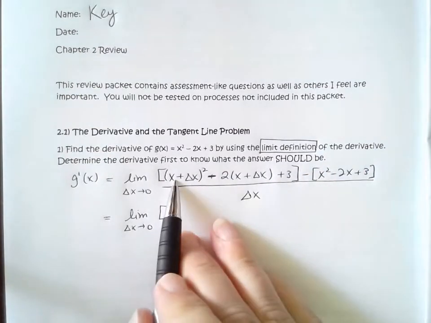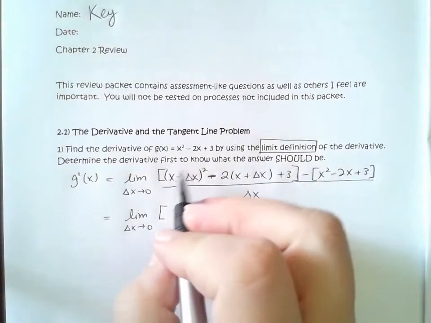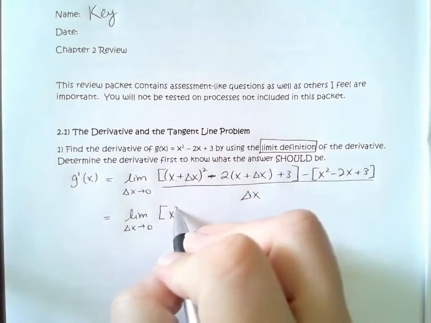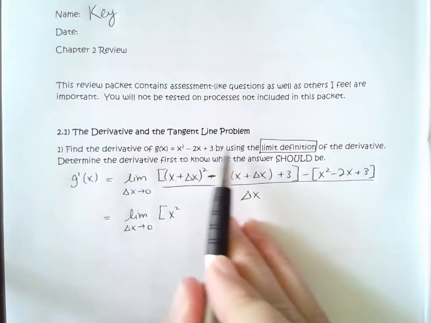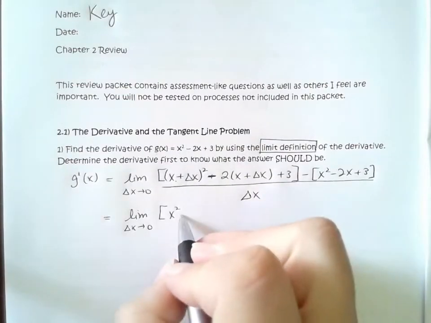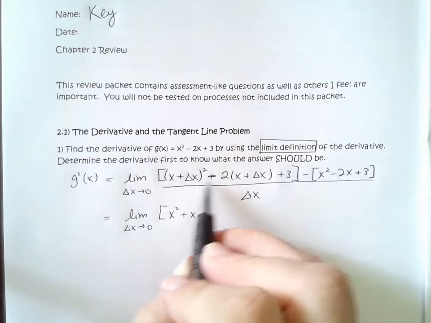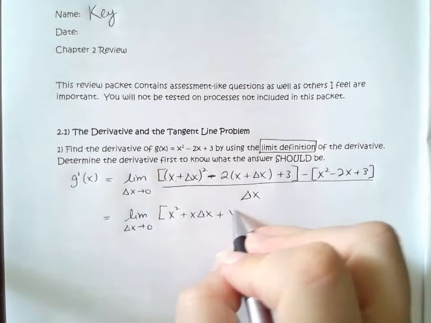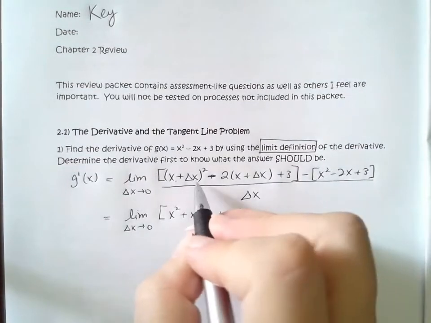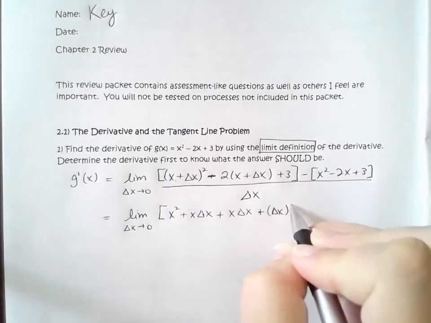For example, if I take a binomial and it's squared, it's going to be the first times the first, then the outer, that's going to be an x times a delta x. The inner will be another x times delta x. And then this delta x squared will be the last.